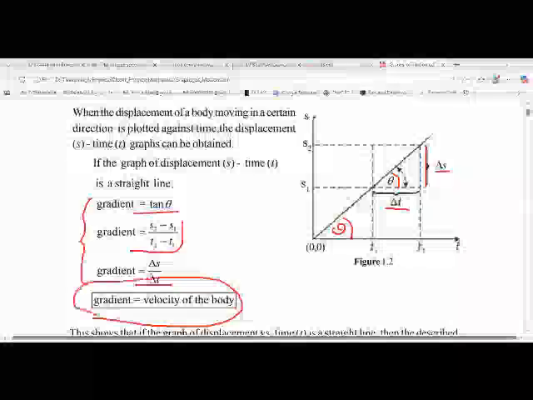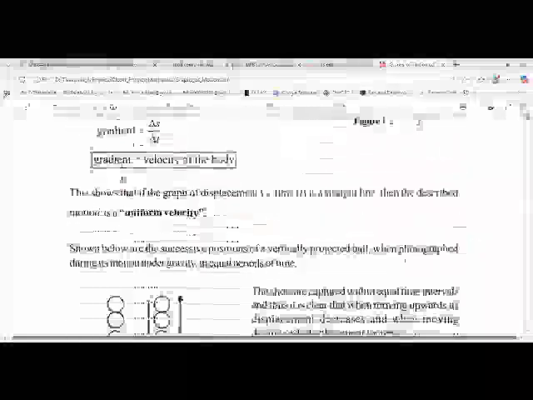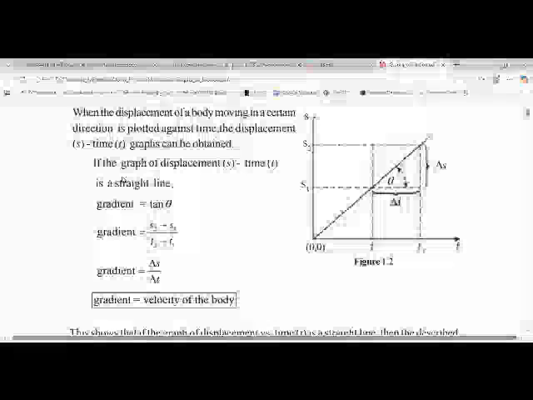Especially keep in mind this displacement time graph. Also, this line represents uniform velocity.